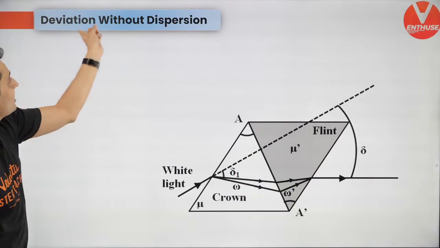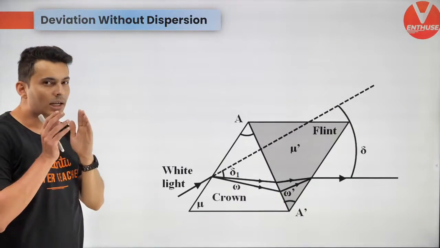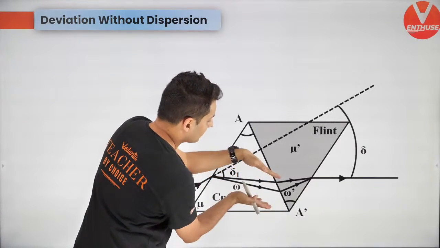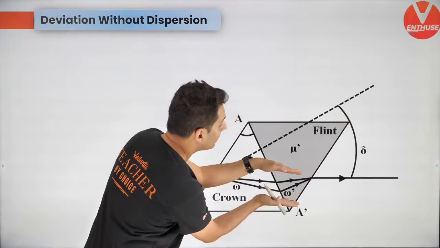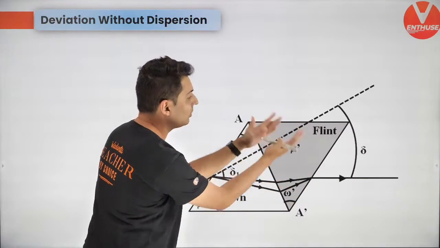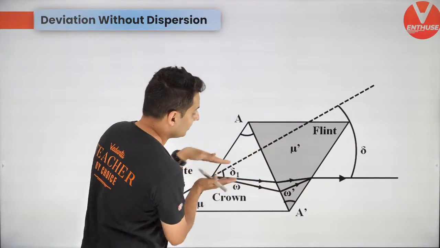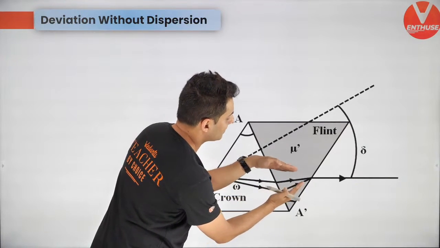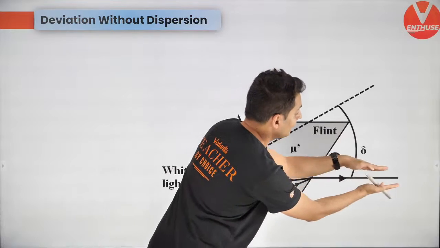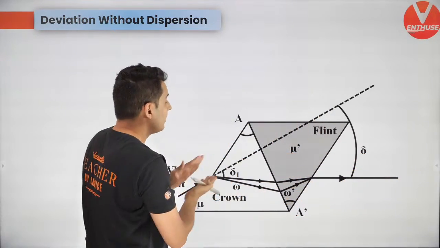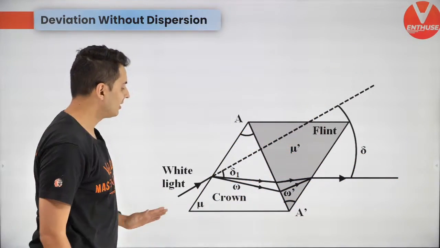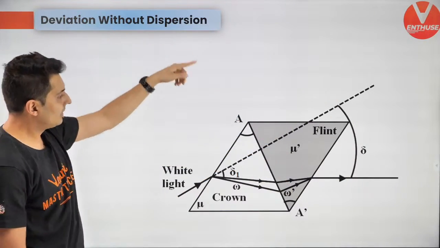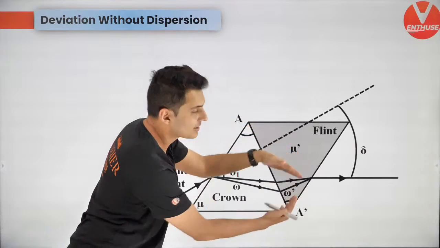Next, deviation without dispersion. That means the light spreads and turns, and again turns, but the turn is not countering the first deviation. So the light spreads, and in the second prism it merges, but when it finally comes out, this ray is not parallel to the incident ray. You can see that there is some deviation, but the light which spread has come back.